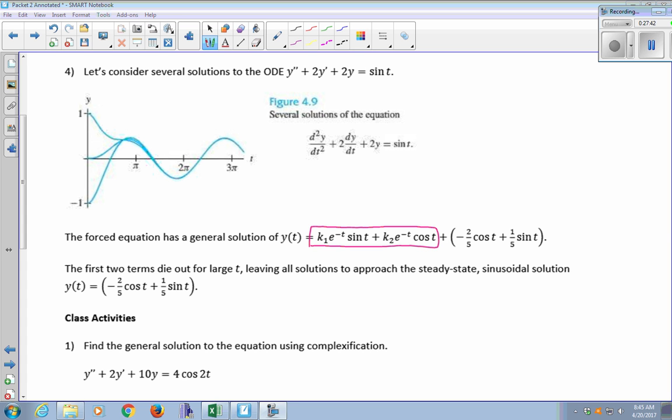So you see the amplitude starts pretty big, and then they decay. So both of these terms go to 0. An exponential will always beat a trig function. So in the long run, those terms go to 0, and you're left with strictly y particular, which is sinusoidal. And so they start out with these big amplitudes, but then they settle into y particular.